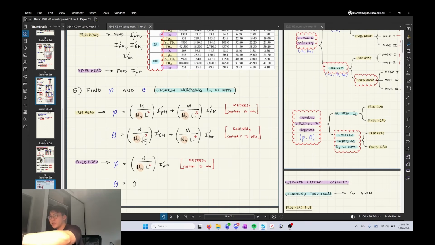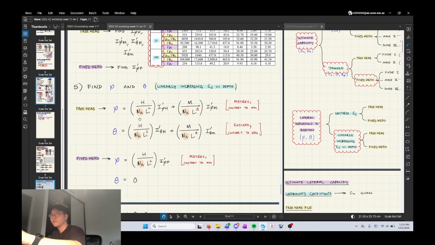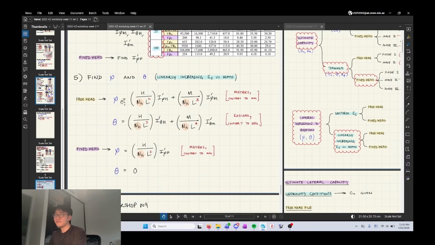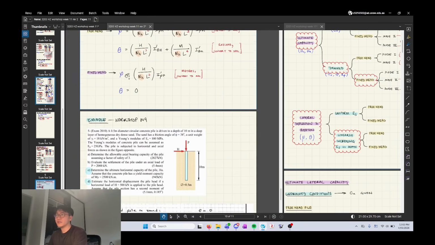Now it's 2, 3, 3, 4. So just be careful. The reason for that is because NH is basically your elastic modulus divided by meters, right? So we have to have an extra L in order to keep it dimensionally consistent. All right, anyway, so those are all your formulas.